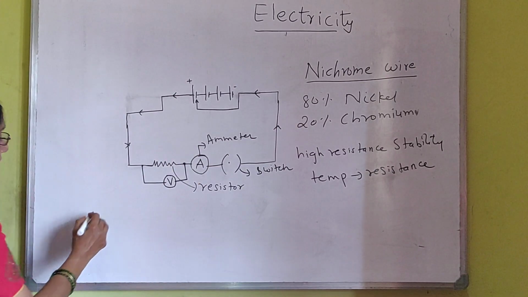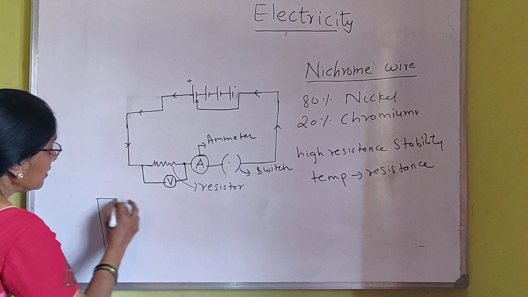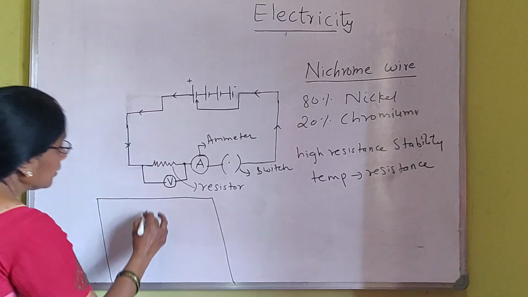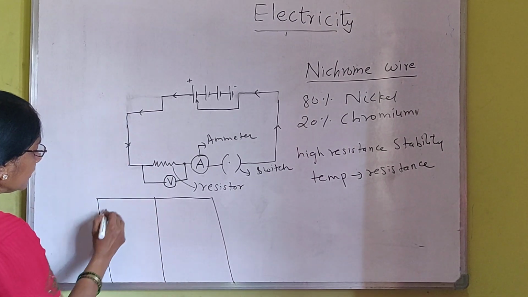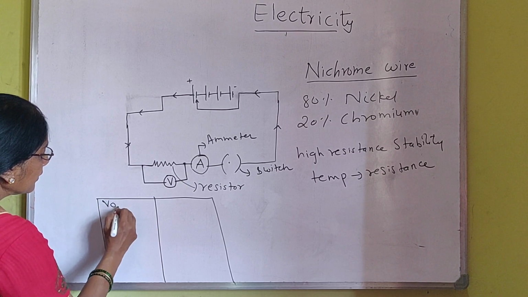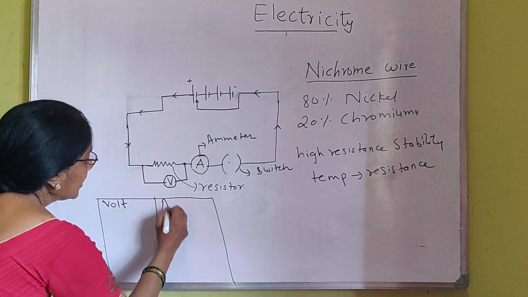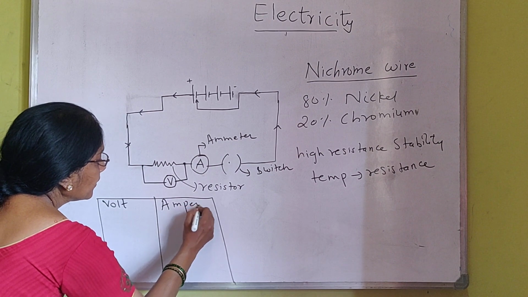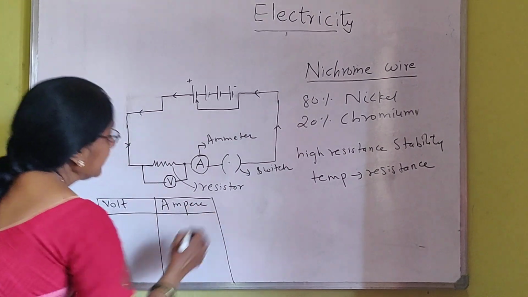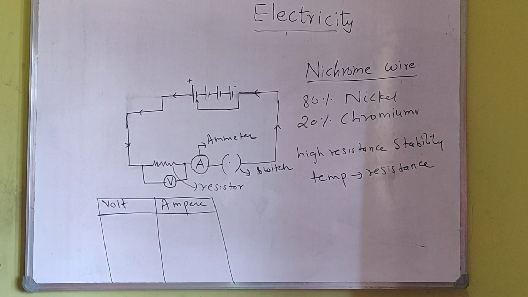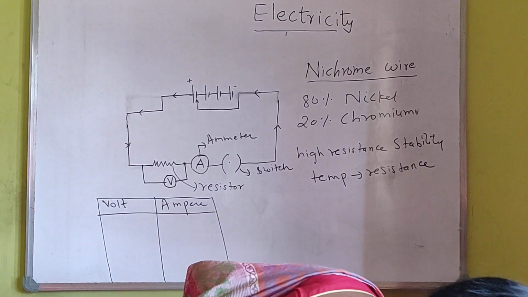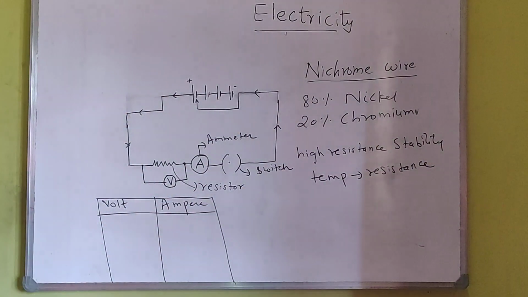To know that, he made a table for calculating the volt and the ampere whenever he increased the volt in the cell. And he got the following results.